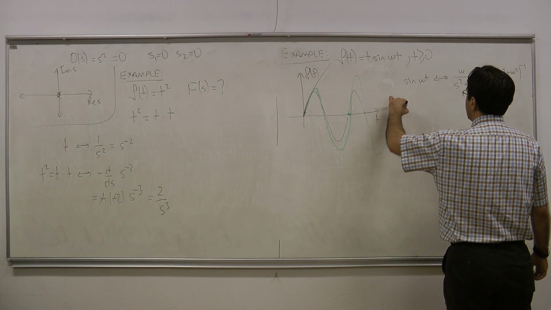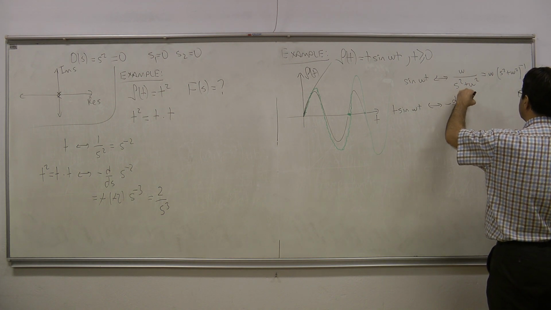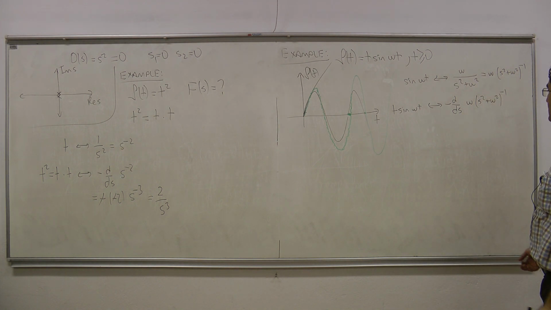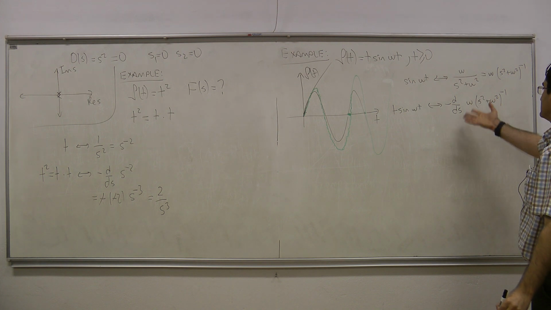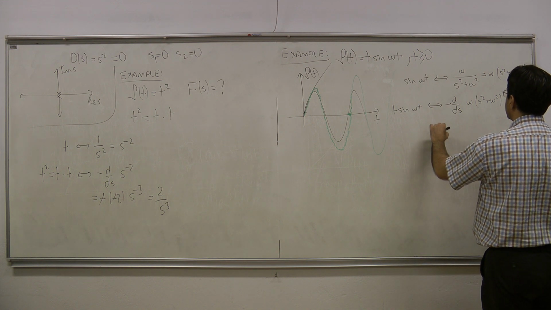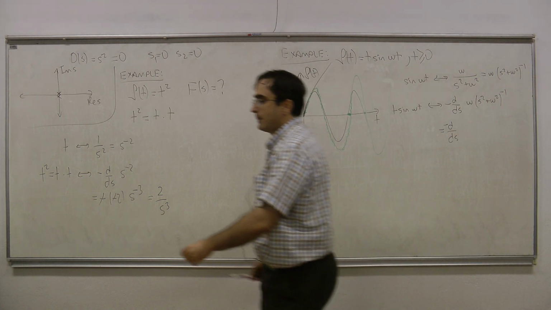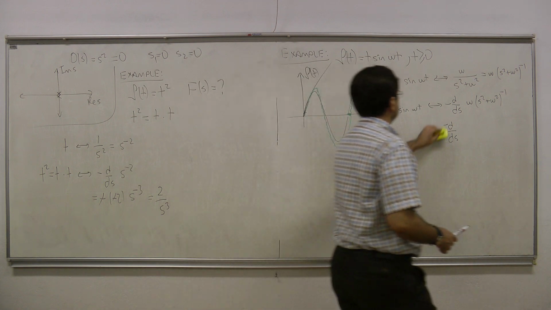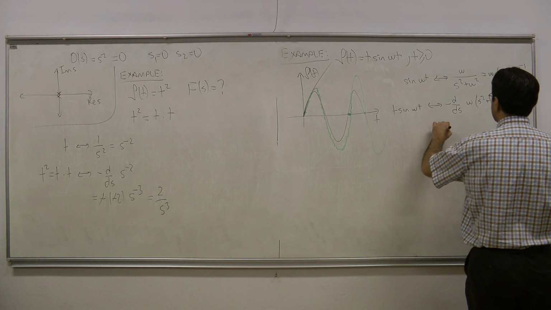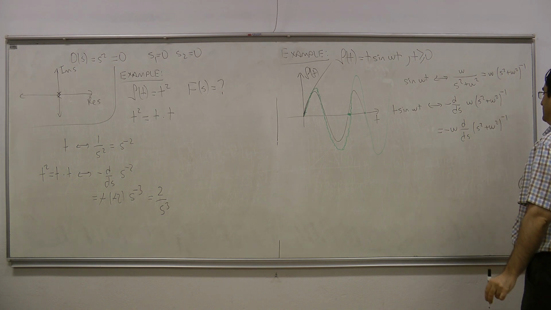So here, t sine omega t is going to have the Laplace transformation minus d over ds of omega times s squared plus omega squared to the minus 1. So here this omega is just a constant with respect to the differentiation operator. So I can take it out, and this is going to be minus omega d over ds of s squared plus omega squared to the minus 1.